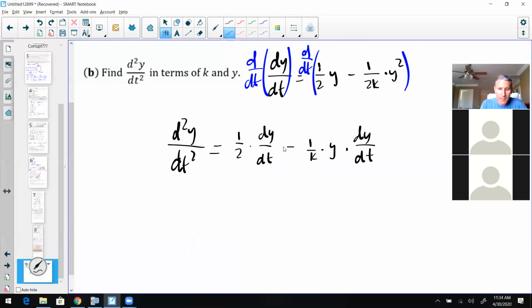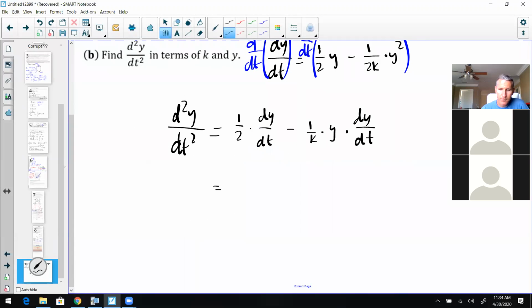So this ends up being, if you factor out, I'll call this 1/2 minus y/k times dy/dt. Now, you shouldn't leave it like this because they say find this in terms of k and y, not in terms of k, y, and dy/dt.